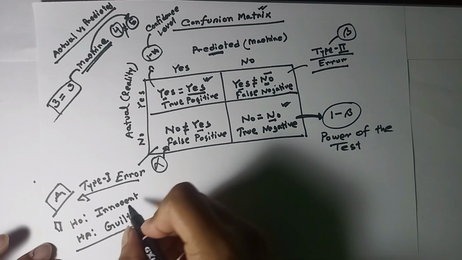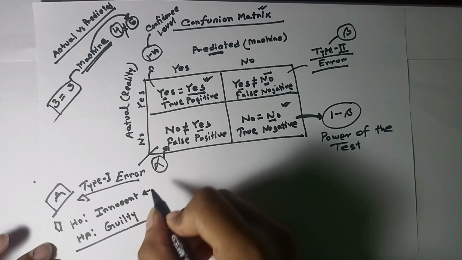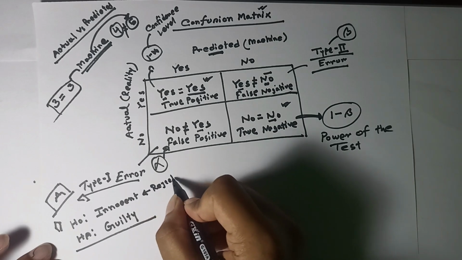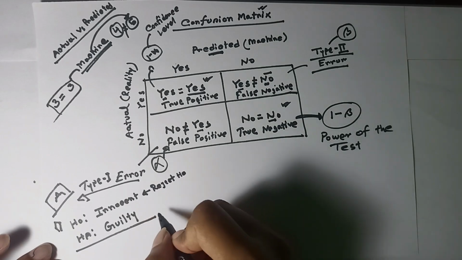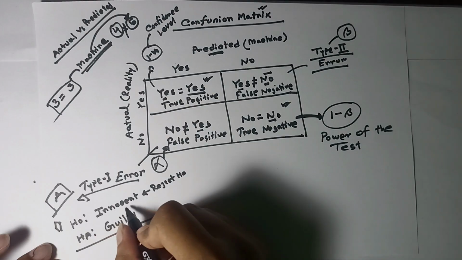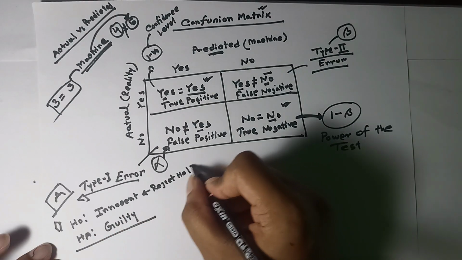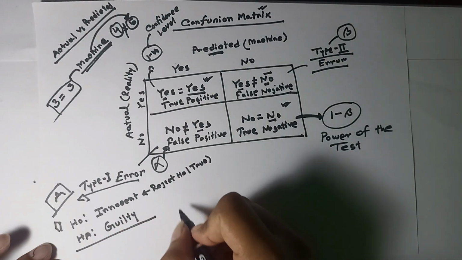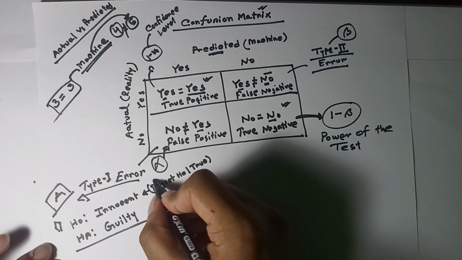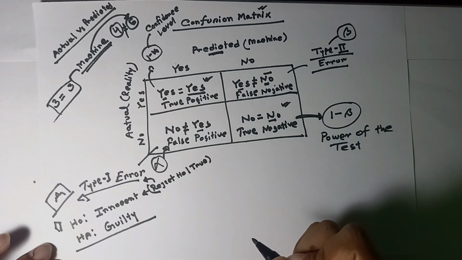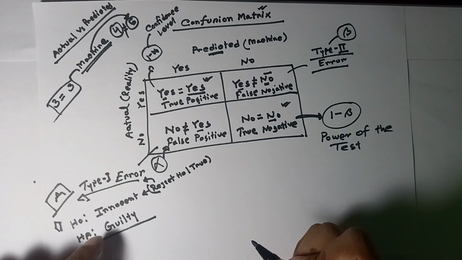Now, if we reject this null hypothesis, actually, when this null hypothesis is true, that will be our type 1 error. That means an innocent person will be proven guilty.